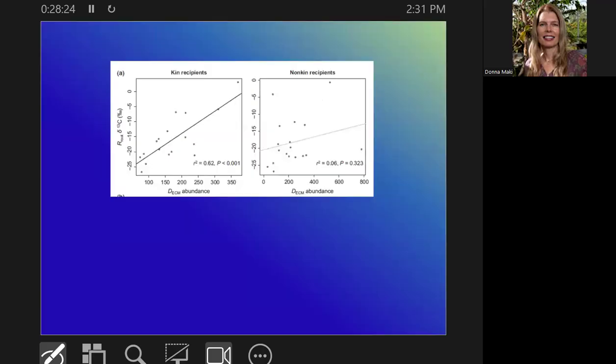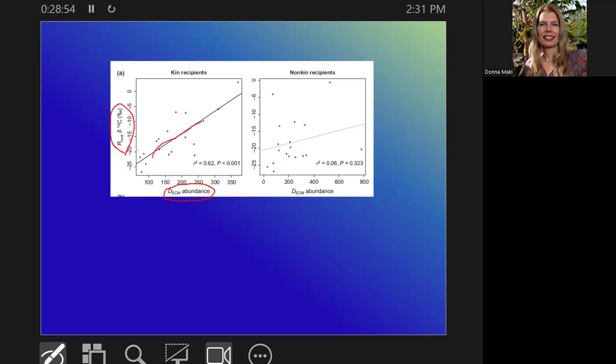So let's look at some of those results. In the kin versus non-kin idea, they knew the seed sources that they planted, so they knew if they were kin or not. And you can see very different appearances to those regression lines. Here they're showing the mycorrhizal abundance in the donor and recipient.